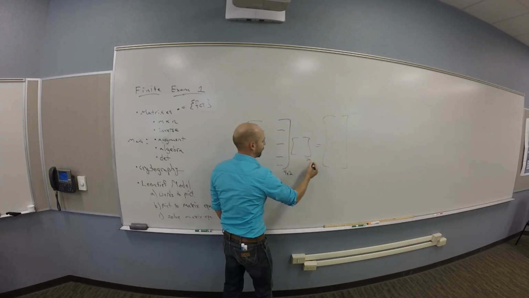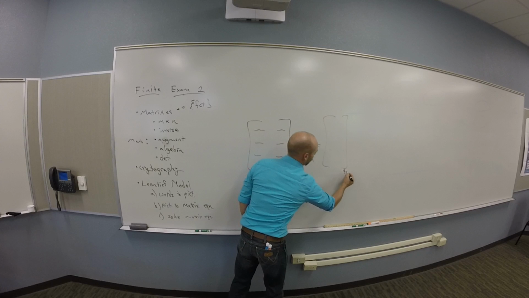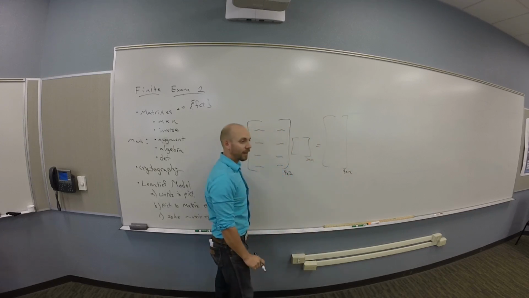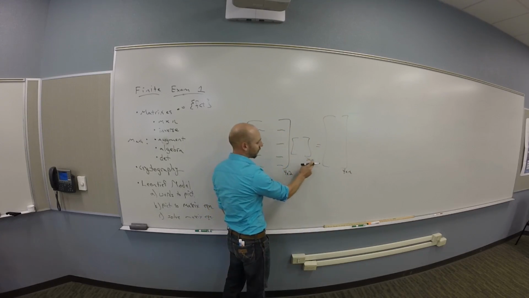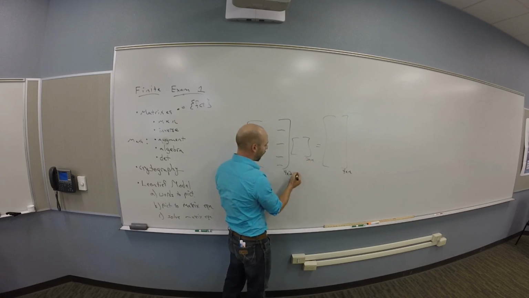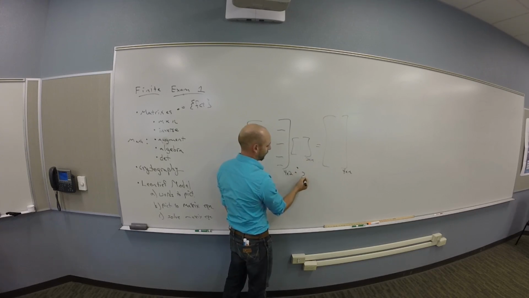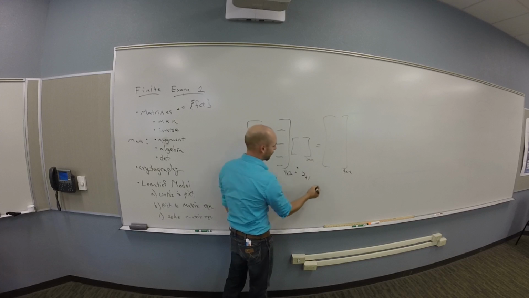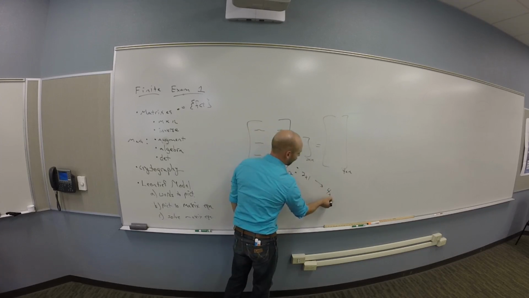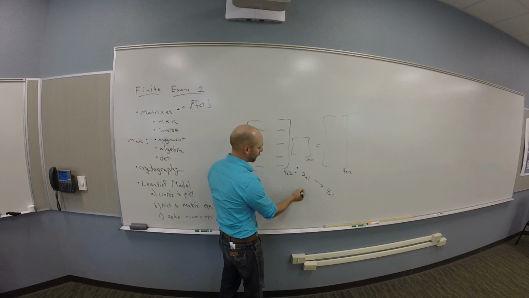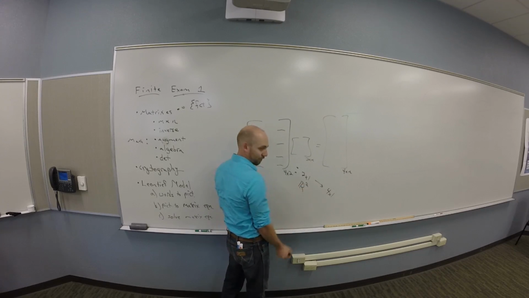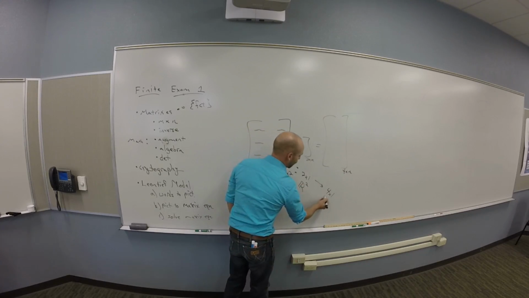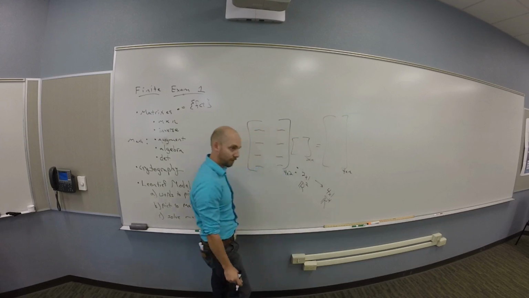Good. Perfect. And as a function, I would really think about this as taking 2 by 1 things and turning them into 4 by 1 things. That is, it takes R2, 2-dimensional space, and puts it into 4-dimensional space.